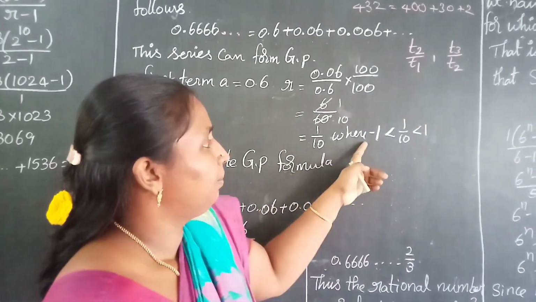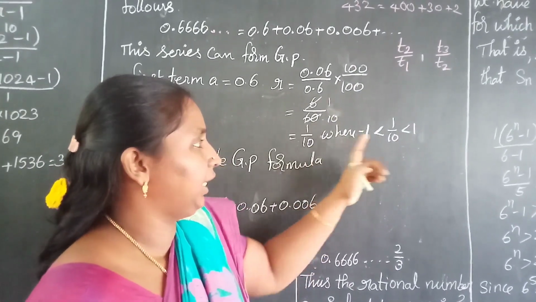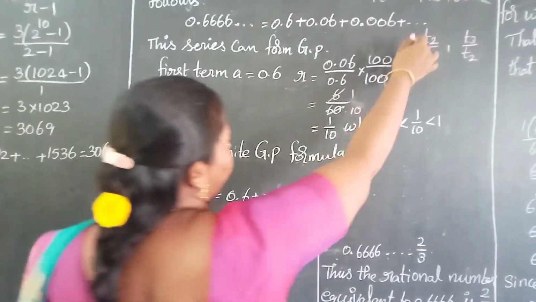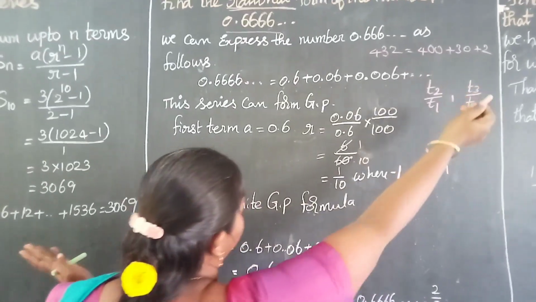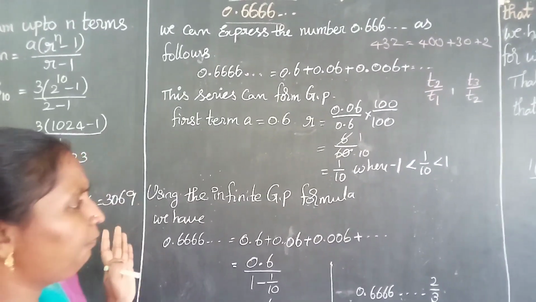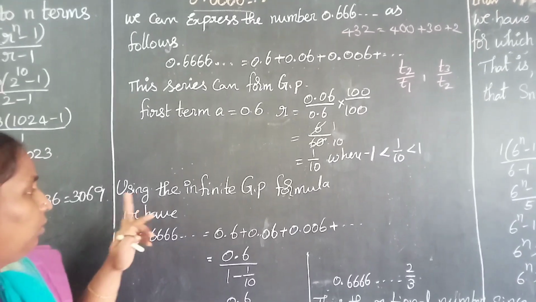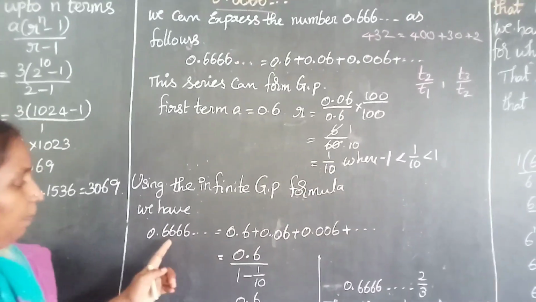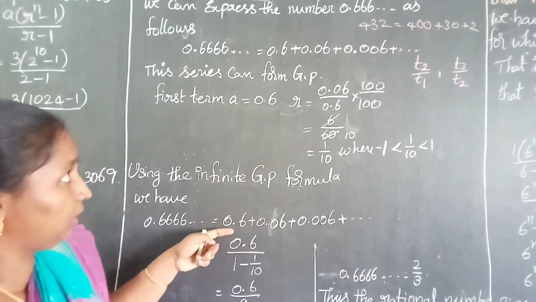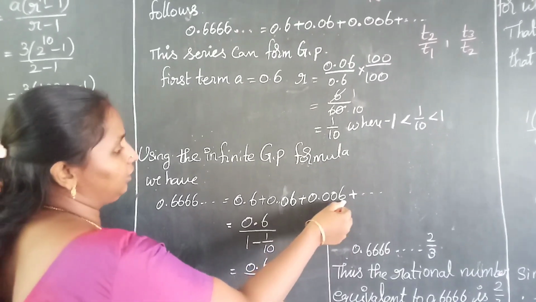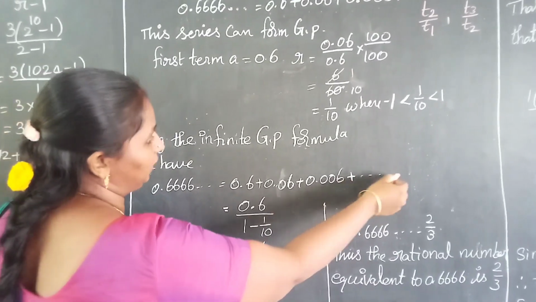Here 1 by 10 lies between minus 1 and 1. Only then can you apply the infinite formula, since it goes on with no limit and we don't know the number of terms. So we have to use the infinite GP formula. We have 0.66 and so on equals 0.6 plus 0.06 plus 0.006 plus and so on.